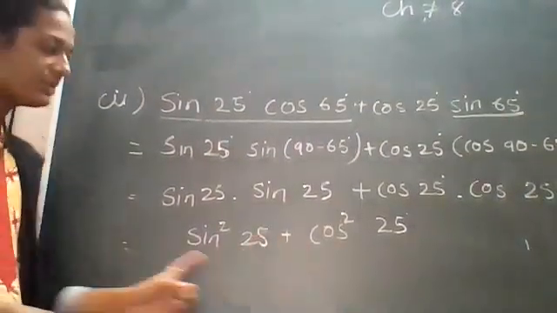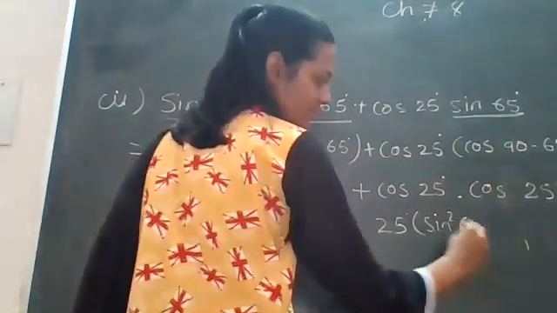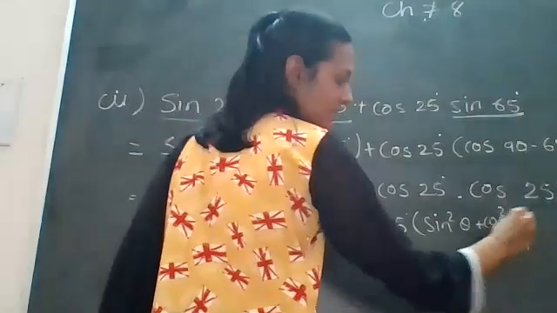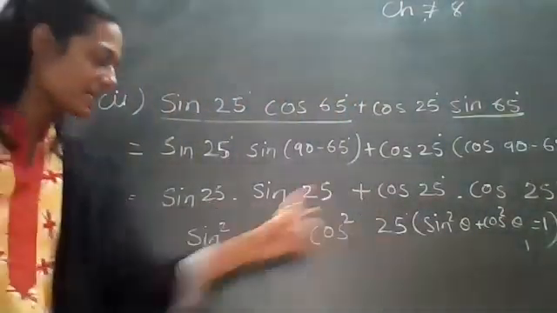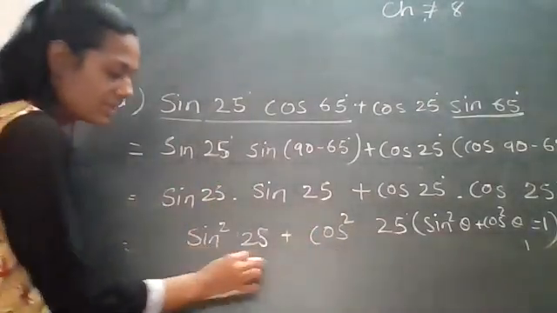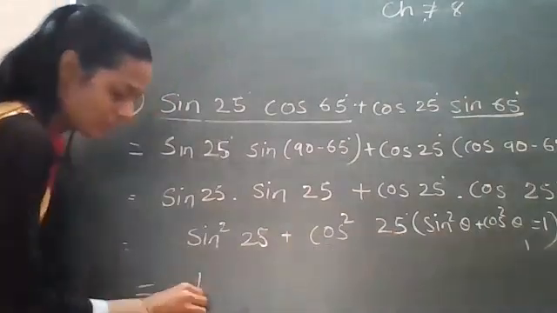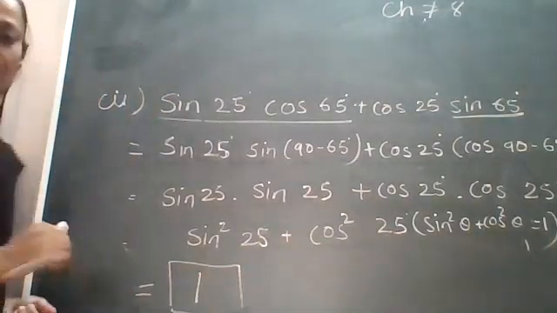Which identity can we use? Similarly, sin square theta plus cos square theta is equal to 1. Here, instead of theta, we are given 25. So we can write sin square 25 plus cos square 25 is equal to 1. Like this way we got the answer.